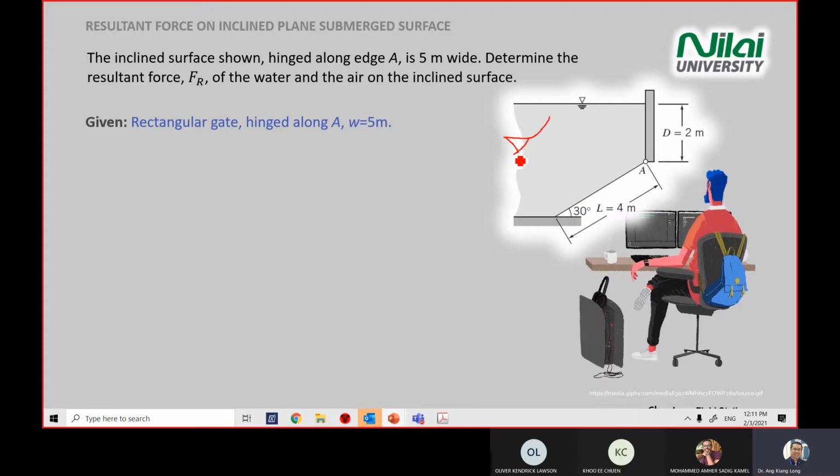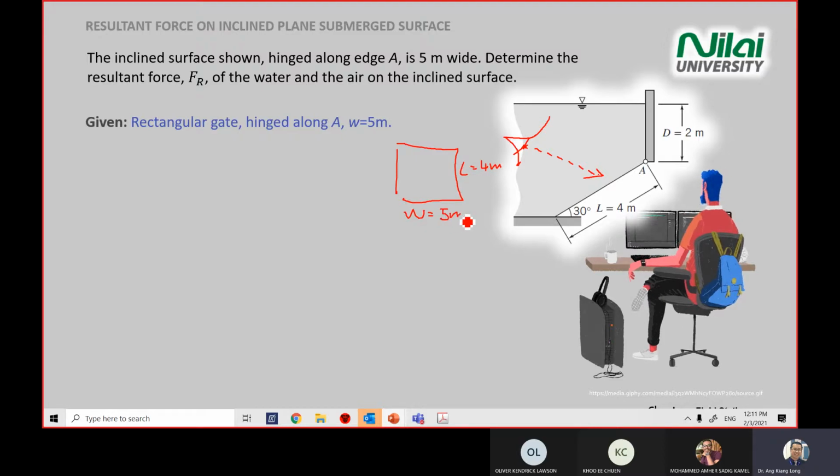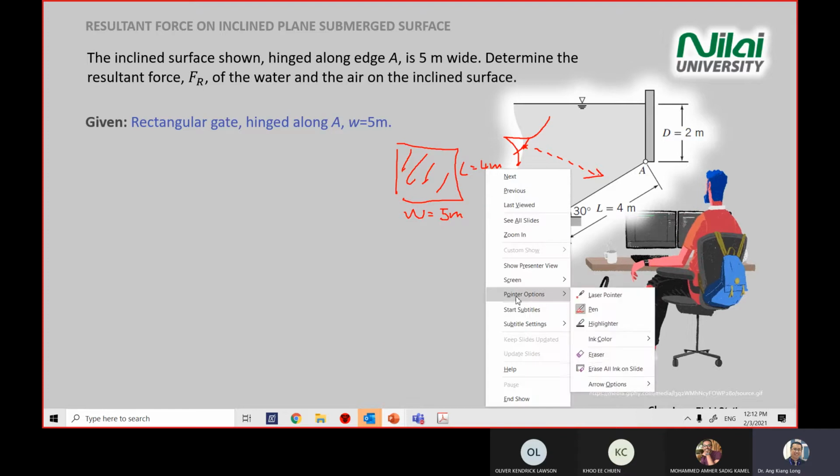Looking from this location, you'll see this is L, 4 meters, and the width is 5 meters. So you'll get the area later in your calculation. Area will be 5 times 4, which gives 20 square meters.